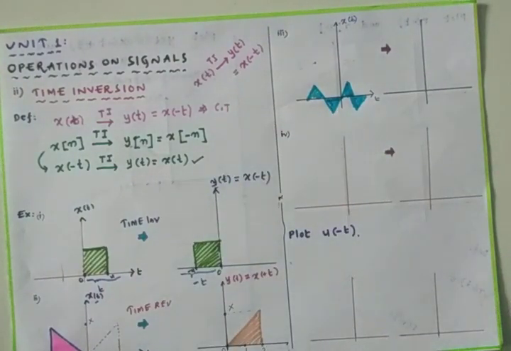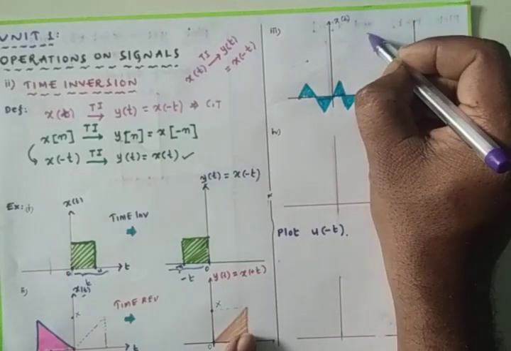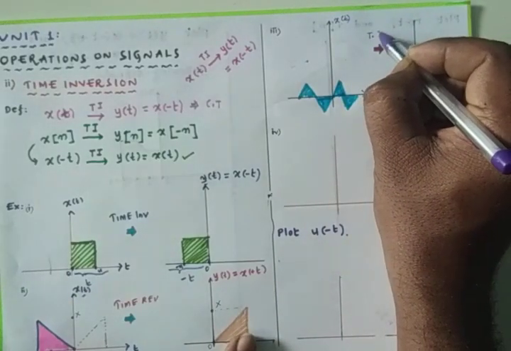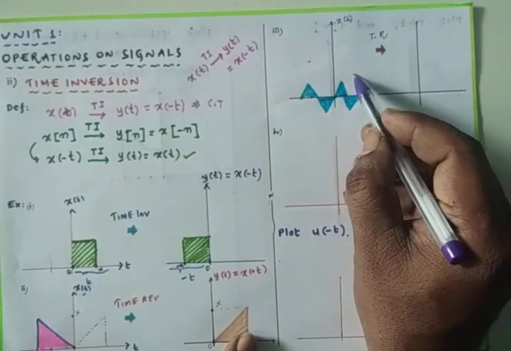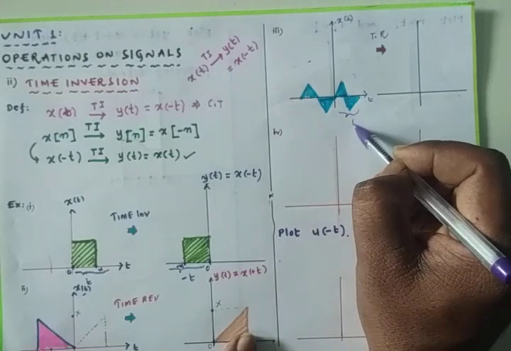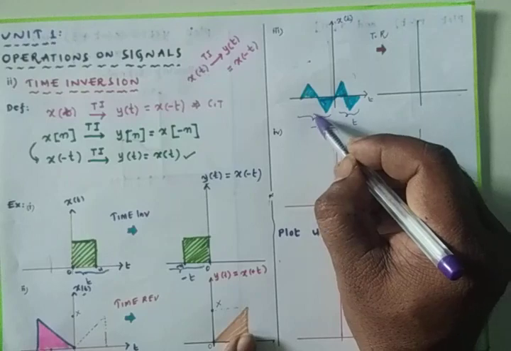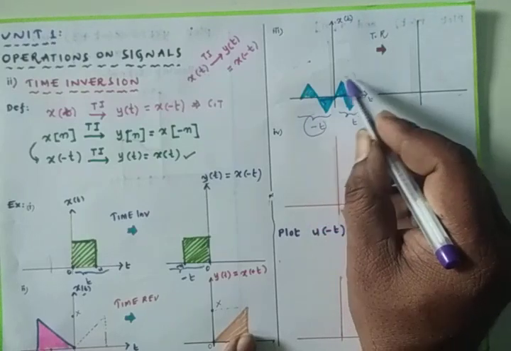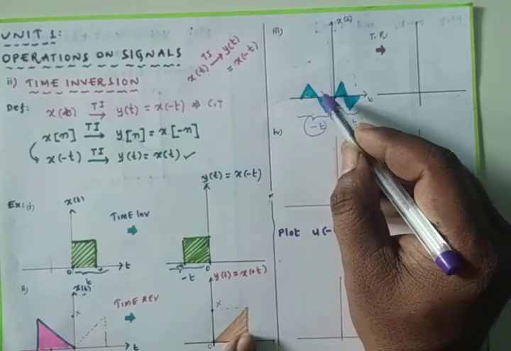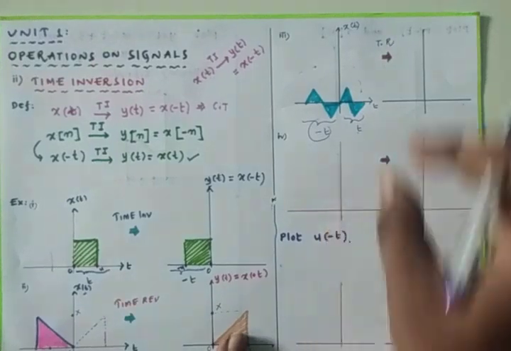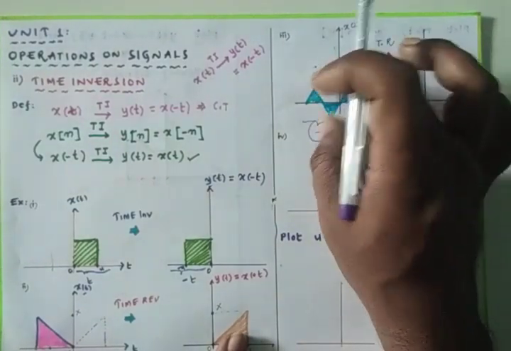We have to convert that into x of minus t by applying the time reversal operation. That means this is t and this part is minus t, so minus t will be replaced by plus t and plus t will be replaced by minus t, so this part comes here and this part comes here.